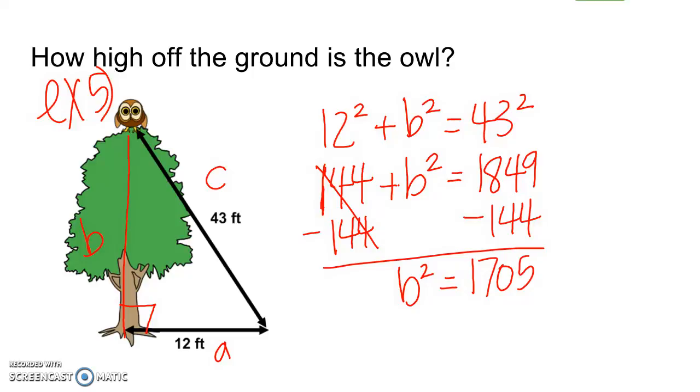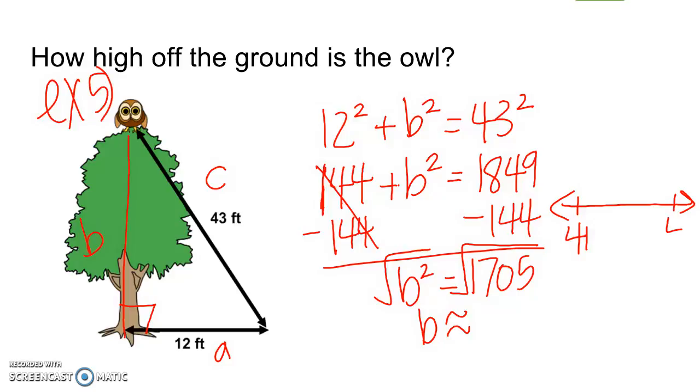Now, you may not immediately know your perfect squares this big. So if you pull up Google and type in a list of perfect squares, you can find the perfect squares that are really, really big. I only had you go through like 20, I think, in your notebook. For this one, it is going to fall between 41 and 42.